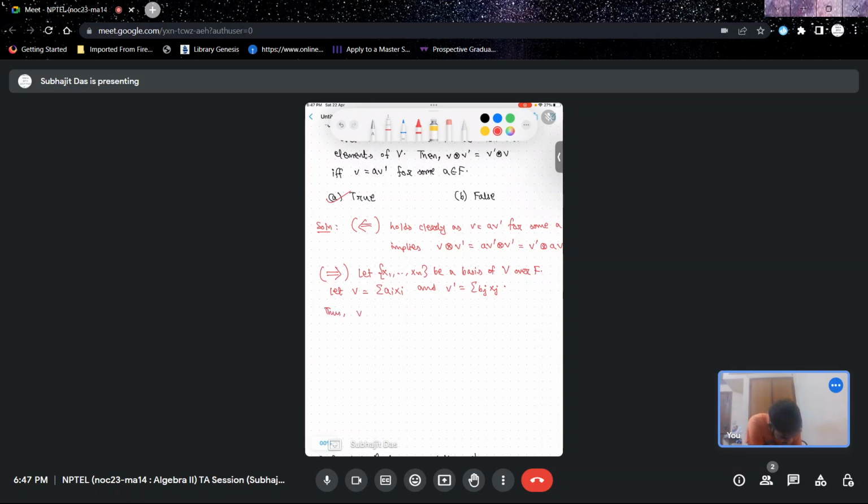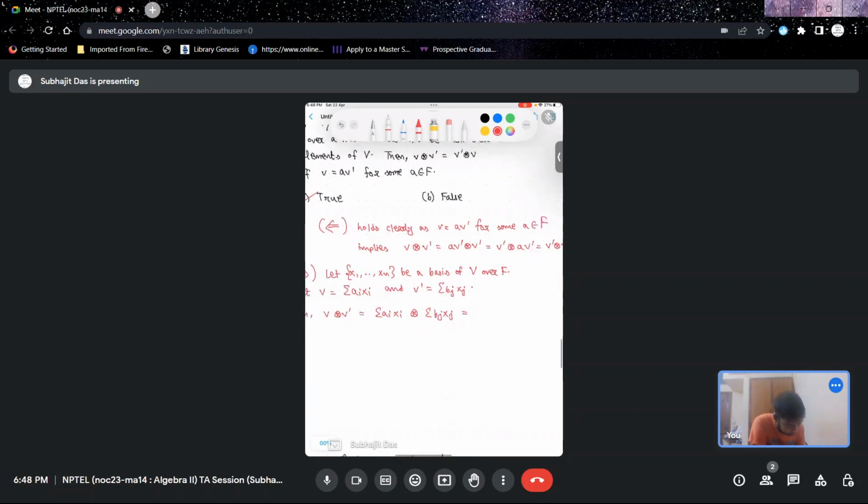Thus v tensored with v prime is equal to sum a_i x_i tensored with sum b_j x_j, which is equal to the sum over i, j of a_i b_j times x_i tensored with x_j, right?